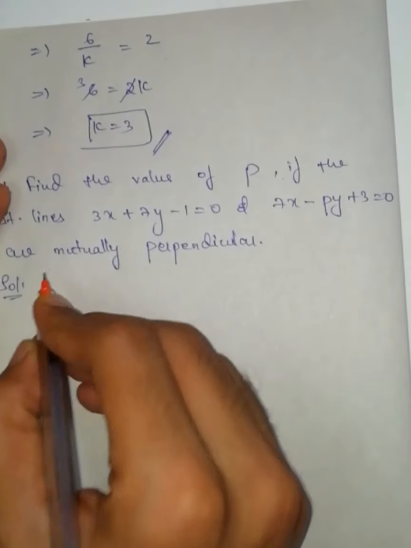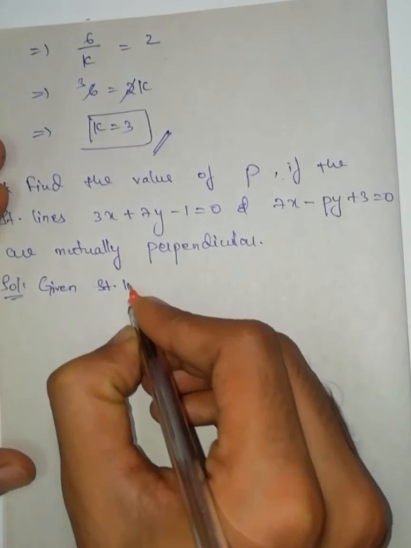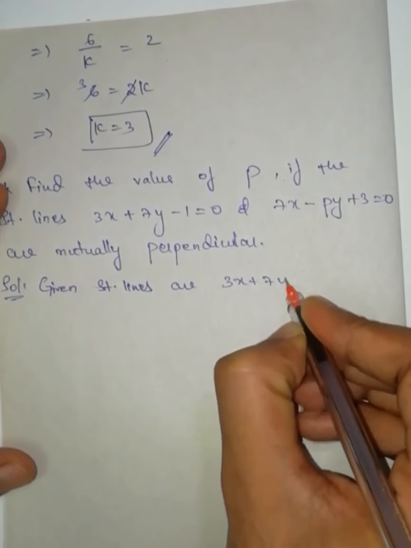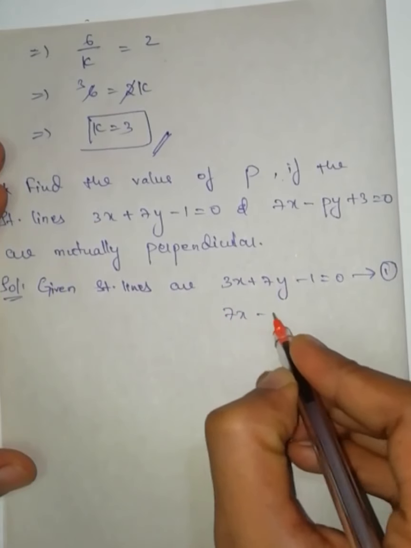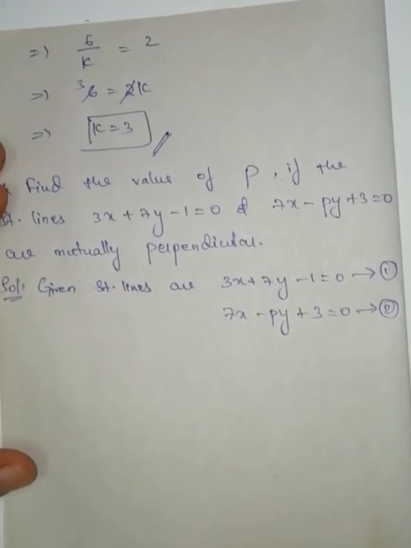Solution. Given straight lines are 3x + 7y - 1 = 0, 7x - py + 3 = 0, equation number 2.